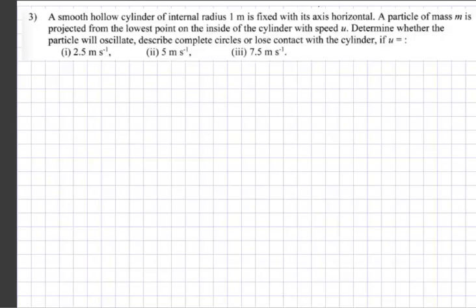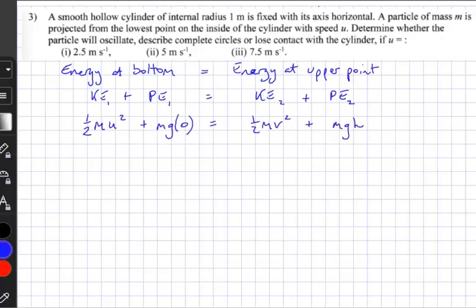and back down again. So let's look at the different scenarios and let's see how we can do that. Again, primarily we're just going to use the analysis of energy, kinetic energy and potential energy. So we're using this basic concept of energy at the bottom is equal to energy at the upper point.